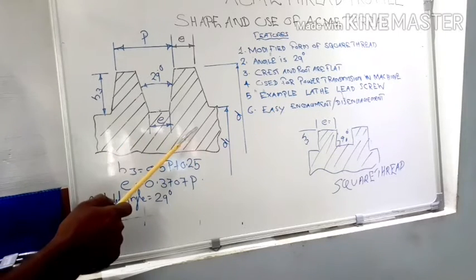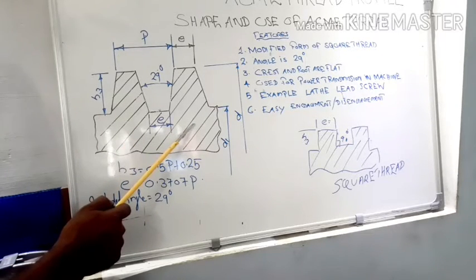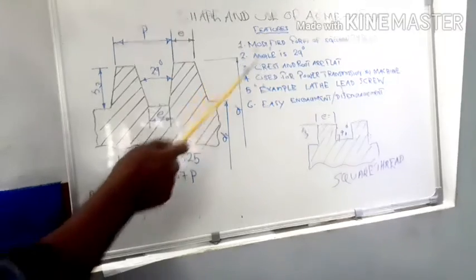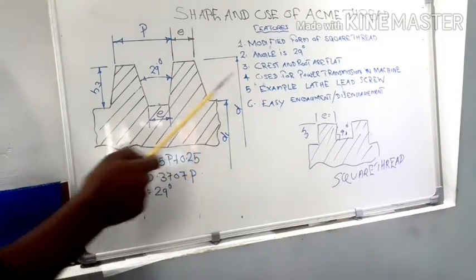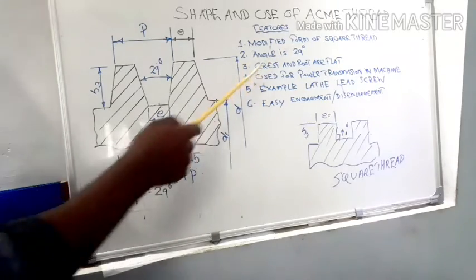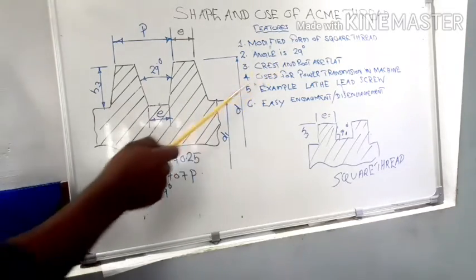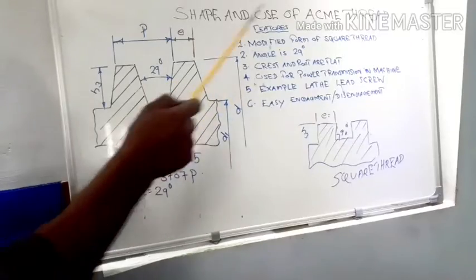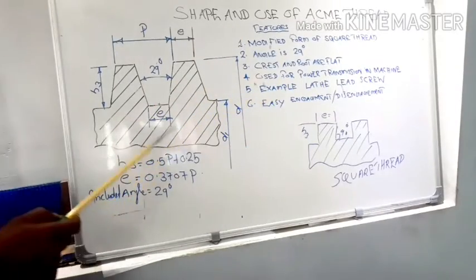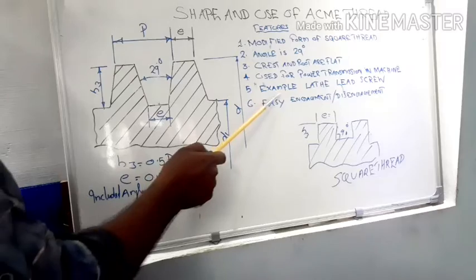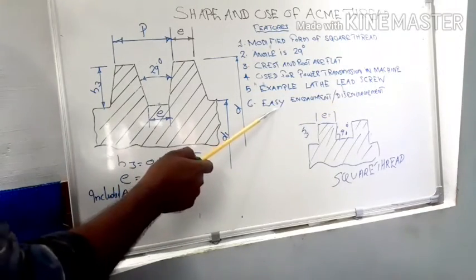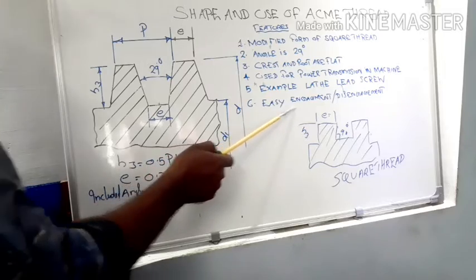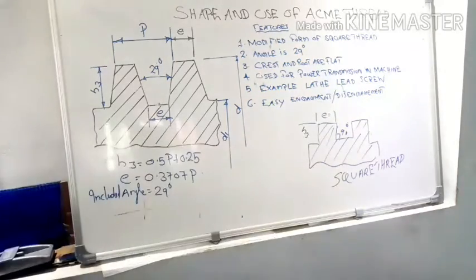That is the speciality of Acme thread. The features: modified form of square thread, angle is 29 degrees, crest and root are flat surfaces, used for power transmission applications, for example the lathe lead screw, and the main specialty is easy engagement and disengagement.